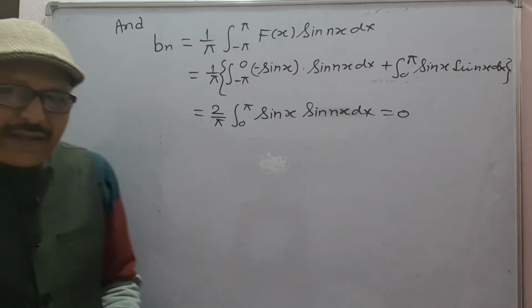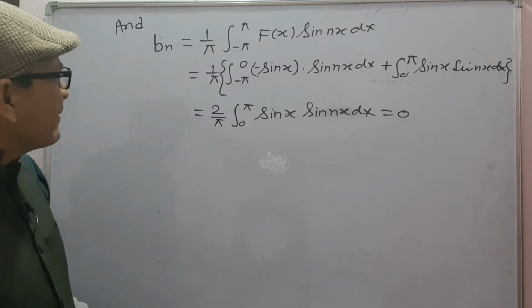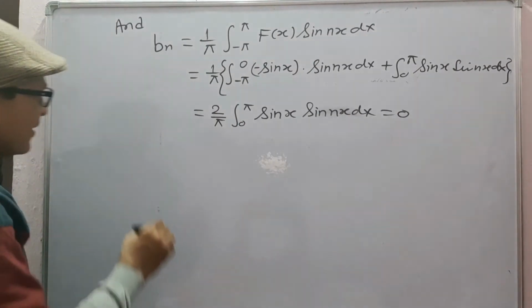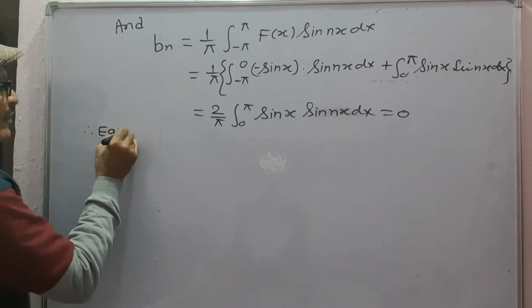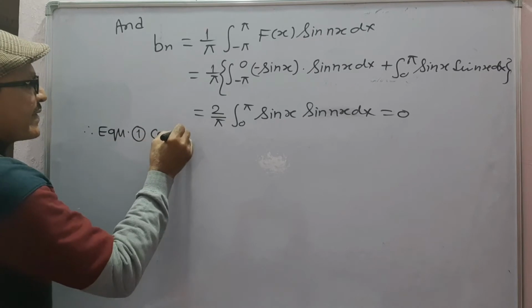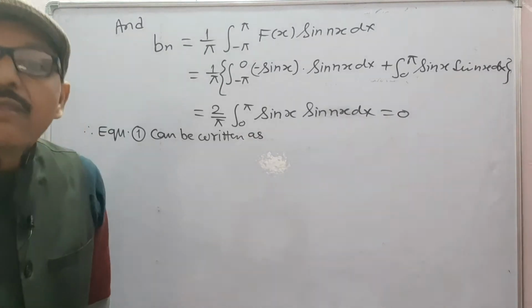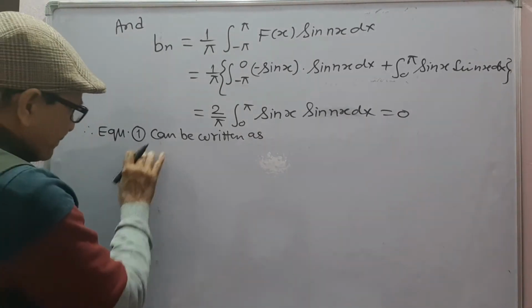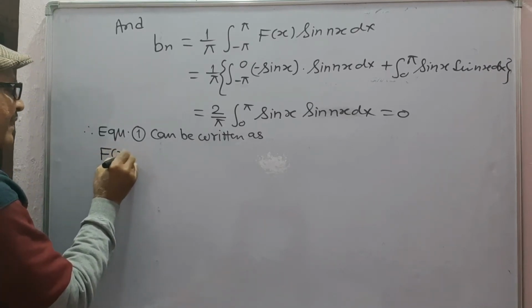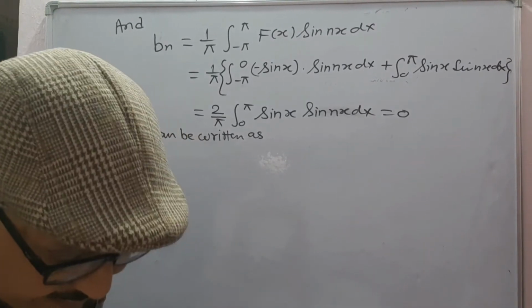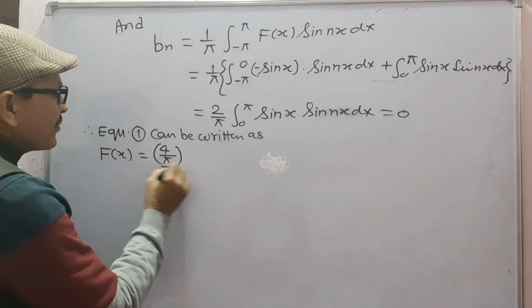With these values of a naught, an and bn, equation 1 gives, therefore, equation 1 can be written as f(x) is equal to... a naught has been obtained as 4 by pi, so 4 by pi upon 2.